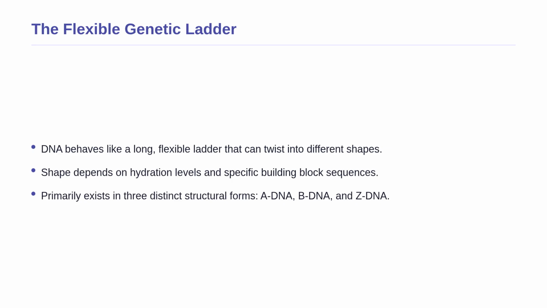In biological systems, DNA primarily exists in three distinct structural forms, known as aDNA, bDNA, and zDNA. Understanding this flexibility is absolutely crucial because the specific physical shape of the DNA helix directly dictates how cellular machinery reads and interacts with the genetic code.